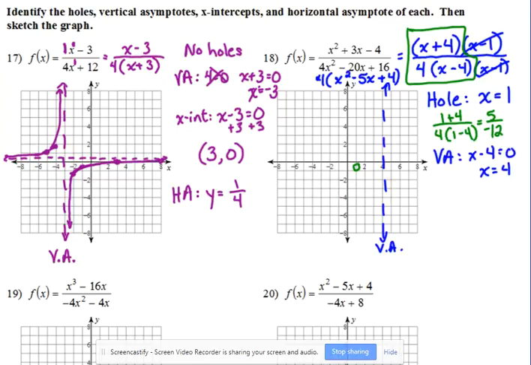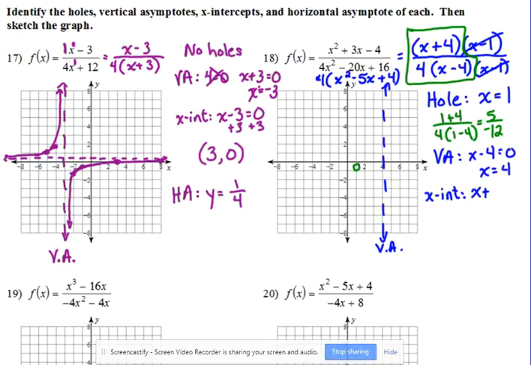And remember, just to help us remember, I go ahead and label that VA down there at the bottom.